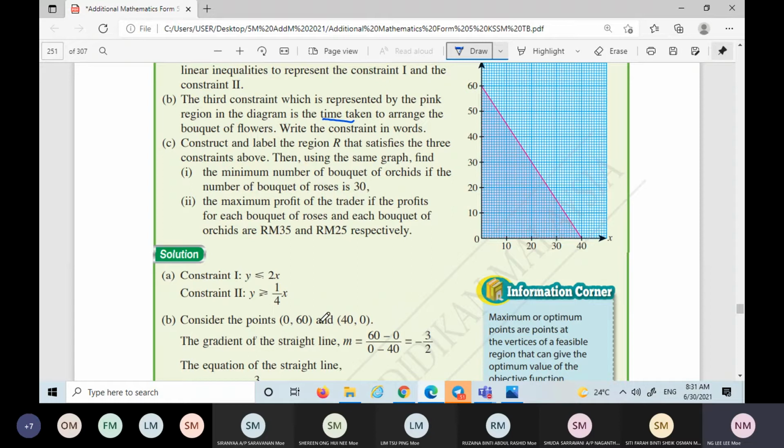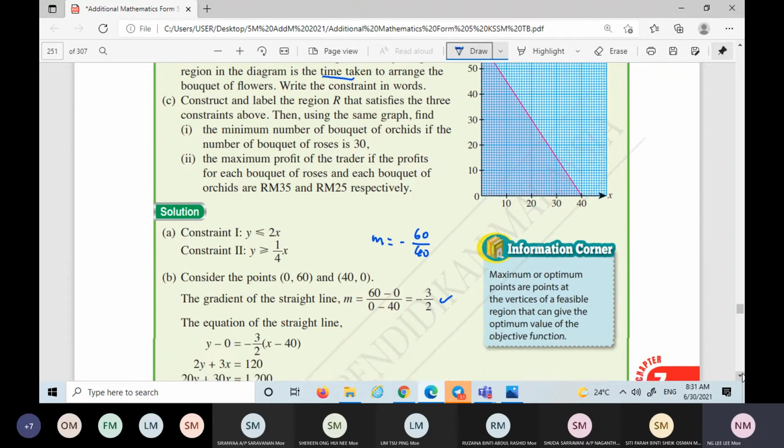Use the gradient formula, you get the gradient as -3/2. Correct or not? Let me think. I use another formula, which is negative y-intercept over x-intercept, -3/2. This one is correct, unless the line is wrong, then I don't know.